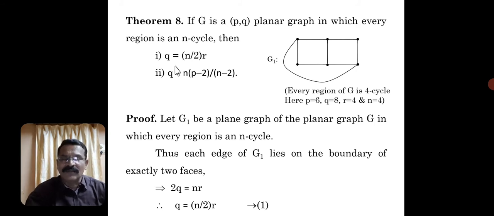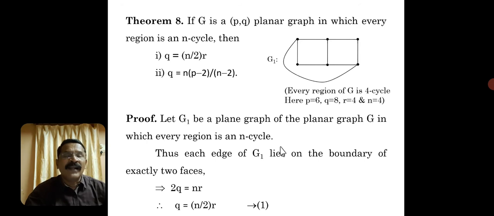The second result, in terms of p only, the number of edges you may say in another way, n times (p minus 2) divided by (n minus 2). So these two results definitely hold if you substitute these particular values. Here in the first equation, if you substitute n as 4 and r as 4, it will definitely be 8. So both the results are satisfied by this particular graph.